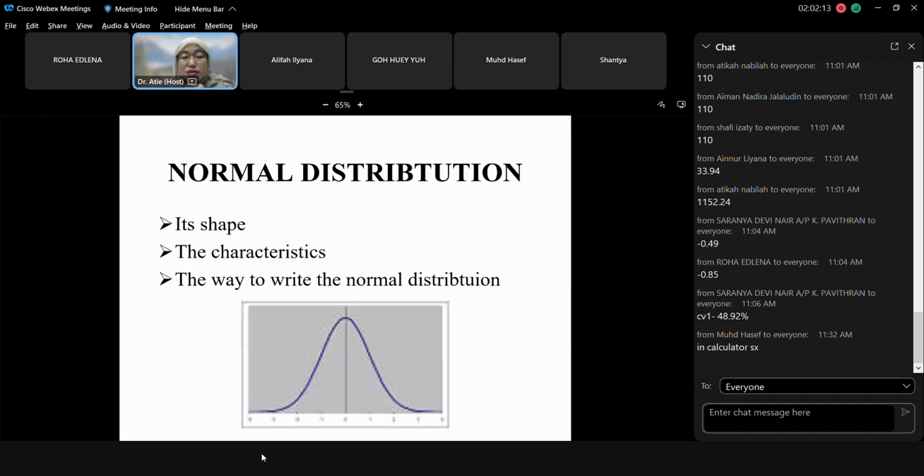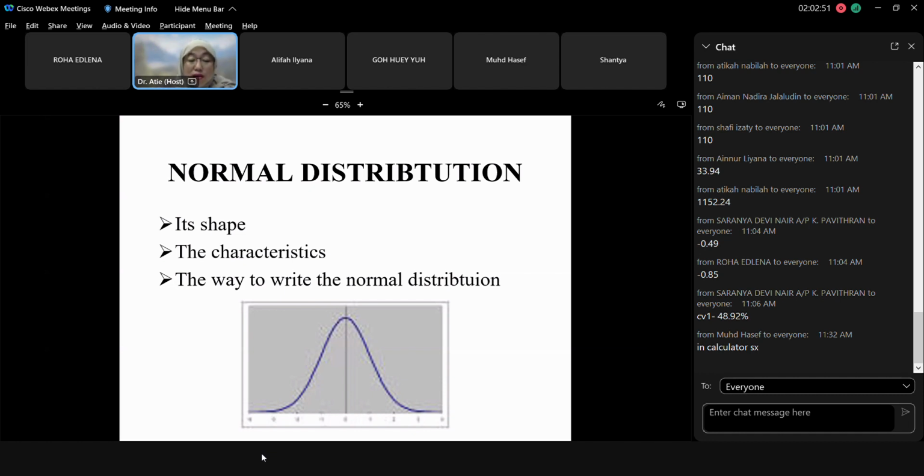So normal distribution, you need to understand the shape of the normal distribution. Okay, so it is symmetric. So it has the same curve, the same shape, left and also right. And the characteristics: if you look at your chapter 4 on page 43, those are the properties or characteristics of normal distribution. So all normal curves must have bell shape.